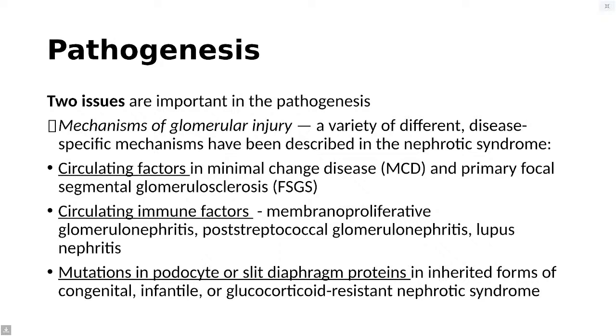And the last is mutation in podocyte or slit diaphragm proteins in inherited form of congenital, infantile, or glucocorticoid-resistant nephrotic syndrome.